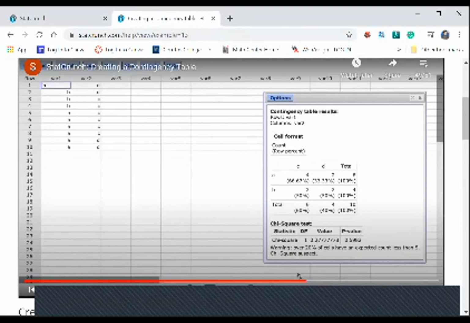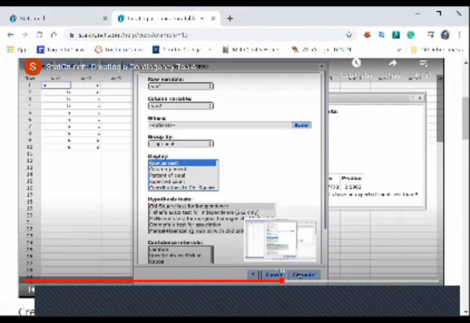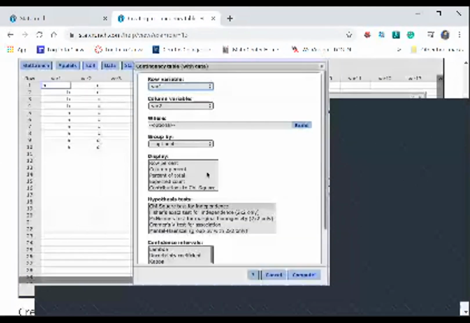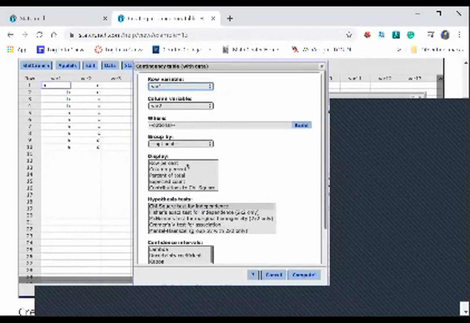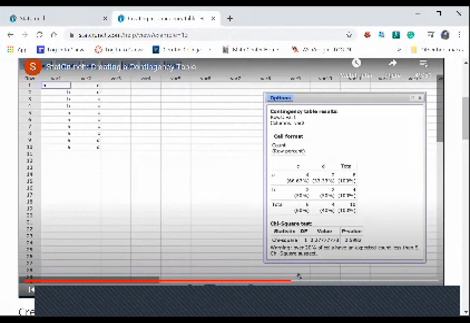StatCrunch. 1/3, 33.3% are paired and click Compute. Options that can be added to the contingency table. For this example, I'll choose row % and click Compute. Now the resulting table shows that 2/3, 66.6% of the A values are paired with the C values, and 1/3, 33.3% are paired with the D values.